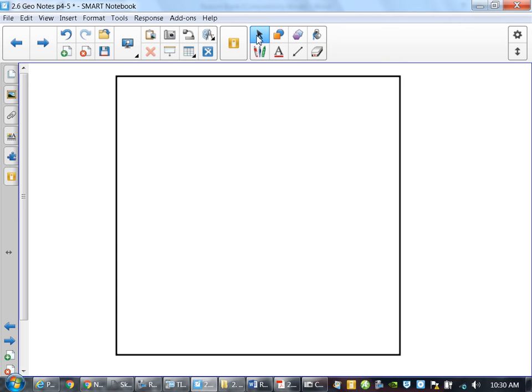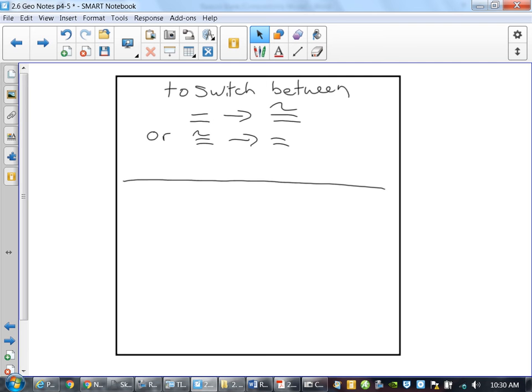So what we put in our square is how to switch between equal to congruent, or congruent to equal. We do the following. And I'm just going to do the two separate examples here.